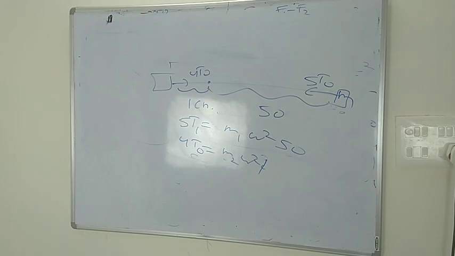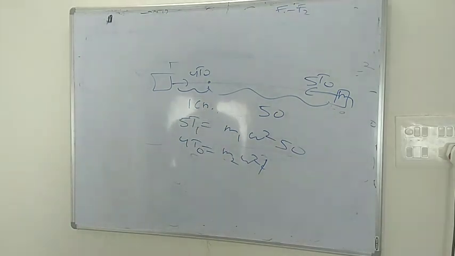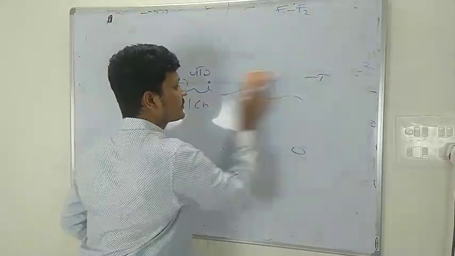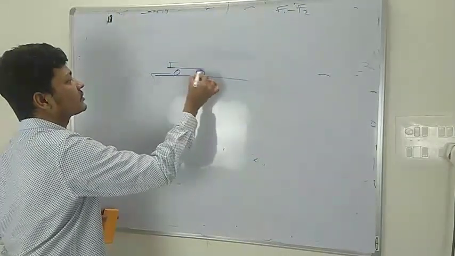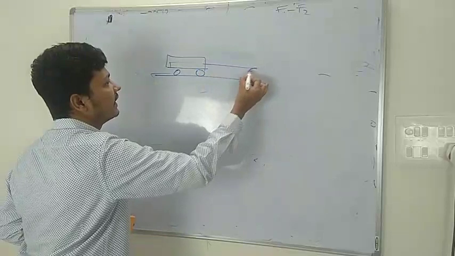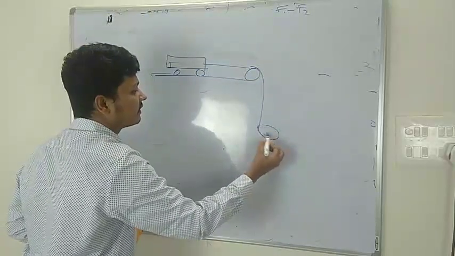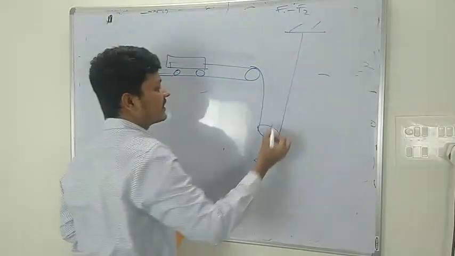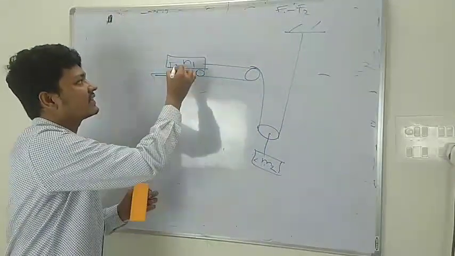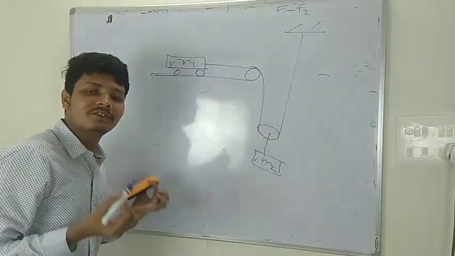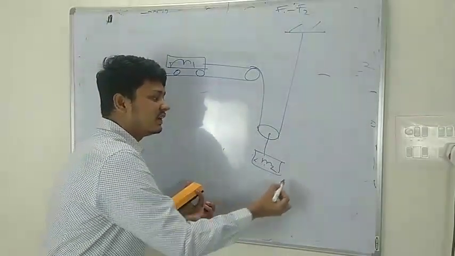As shown in the figure, the cart has masses m1 and m2, and they ask for the acceleration of the cart. You have a cart like this, and then this is attached, and one is m1, the other one is m2. You know how to find it: first find the constraint equation.